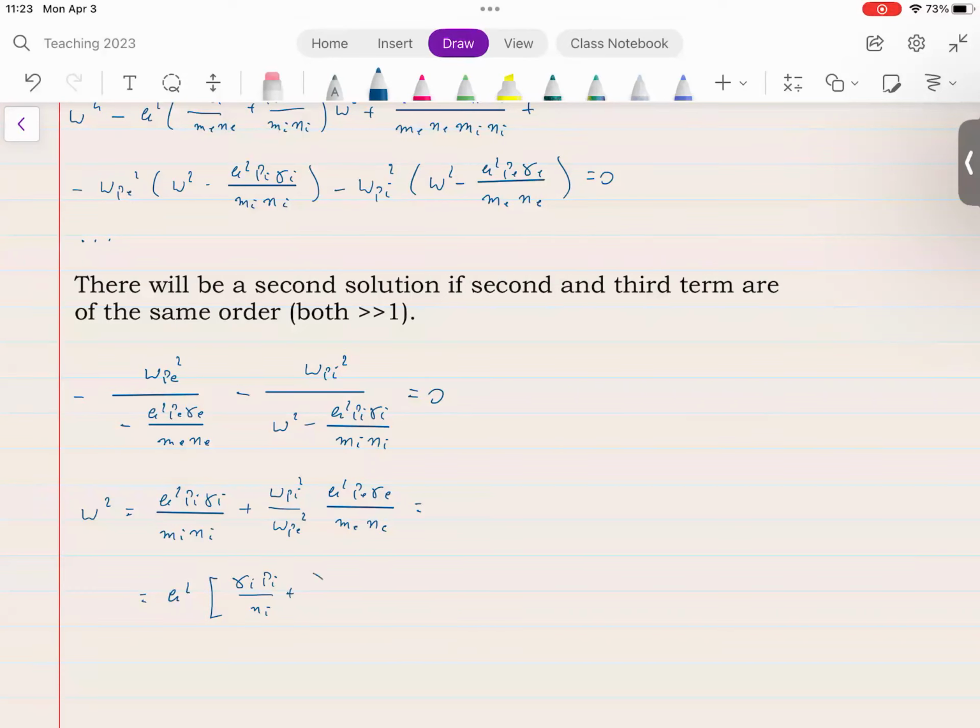And that leaves me that omega squared is equal to k squared times gamma ion T ion if I replace, oops, no, that's not the way I want to write it.